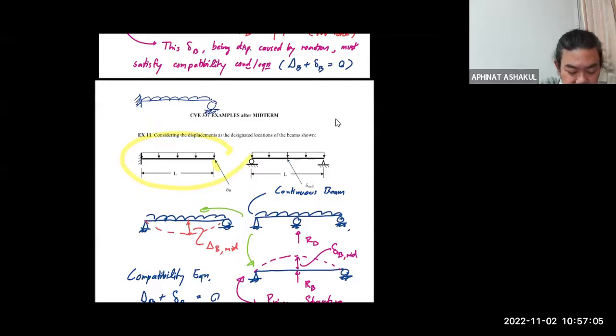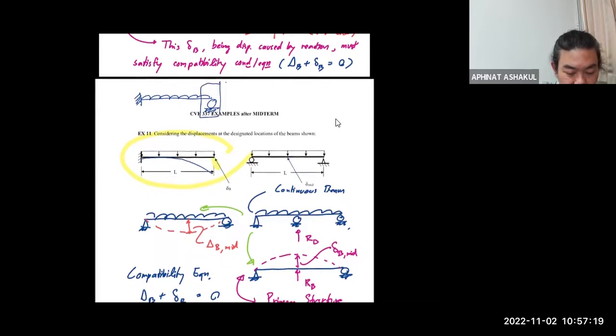This deflection caused by the load, if you have a support here, must be equal to the deflection caused by this reaction.